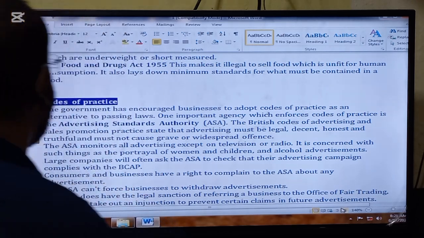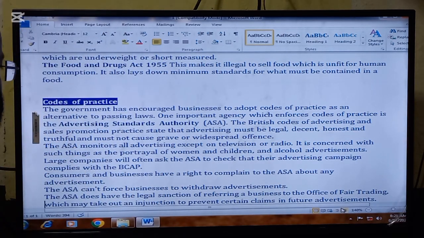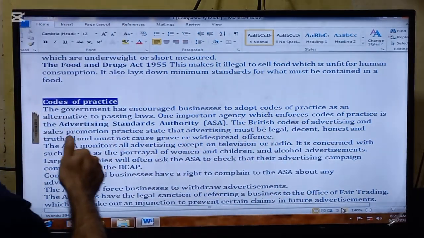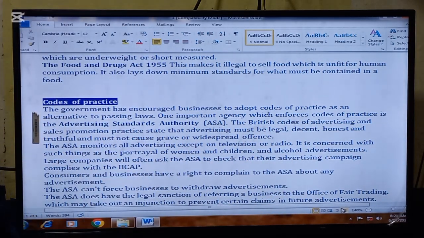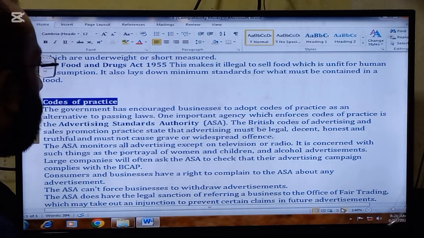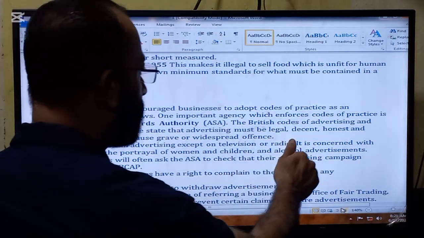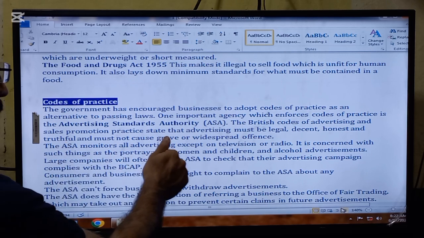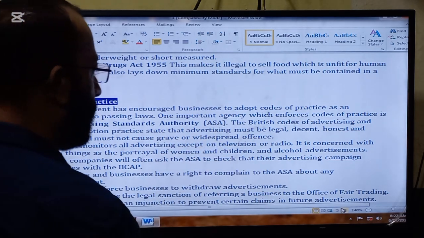Some more things are there: codes of practice. The government has encouraged businesses to adopt codes of practice as an alternative to passing laws. One important agency which enforces codes of practice is the Advertising Standards Authority, in short ASA.